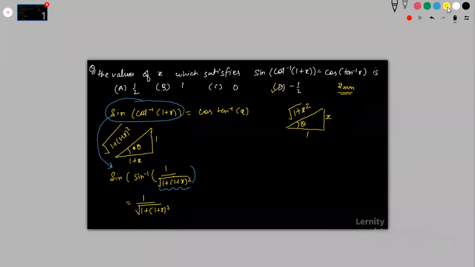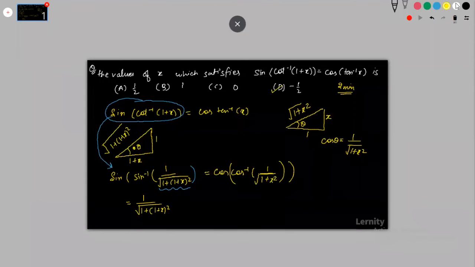So cos of theta will be 1 upon root of 1 plus x square, which I can write as cos inverse of 1 by root of 1 plus x square. In this case also the inverse cancels, so if I equate both of them, this becomes 1 upon root of 1 plus x square, right?